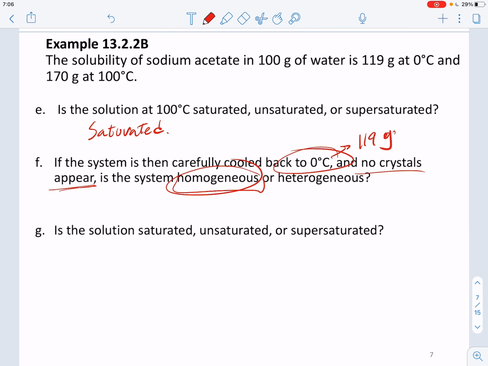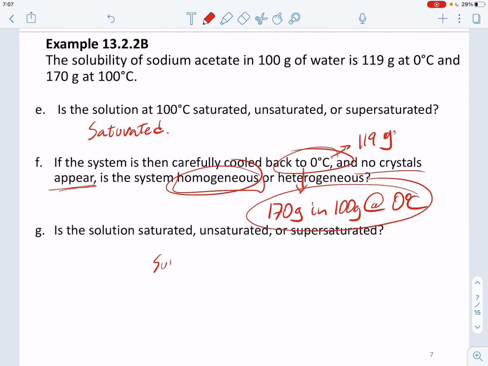Now, once you are back at 0 Celsius, you have 170 grams of sodium acetate in 100 grams of water, which is obviously past the point of saturation. Therefore, at 0 Celsius, if you have this situation, that is a supersaturated solution.